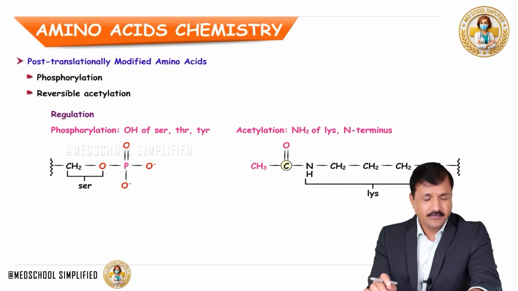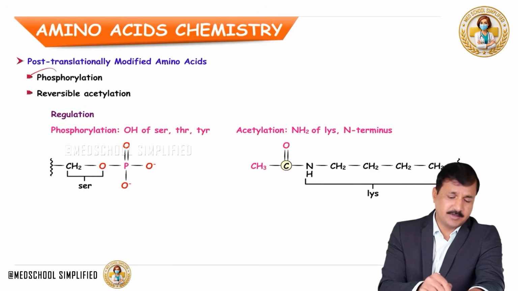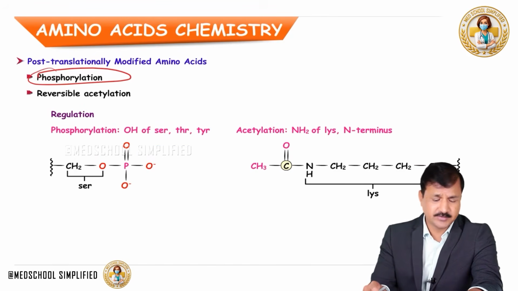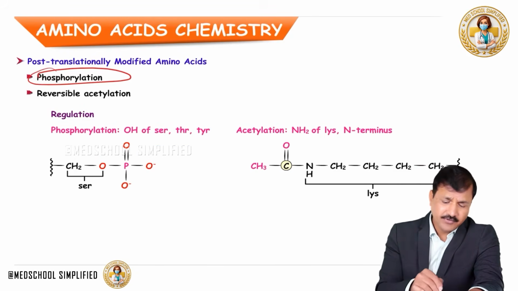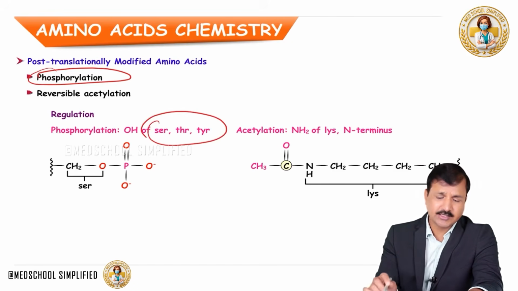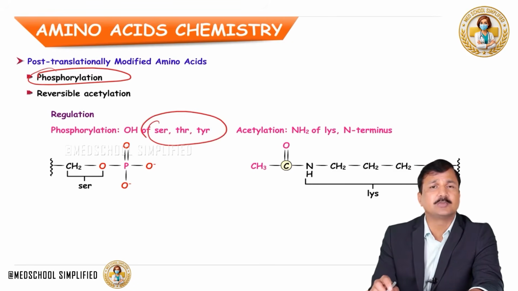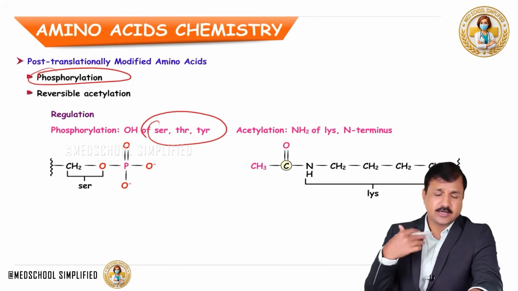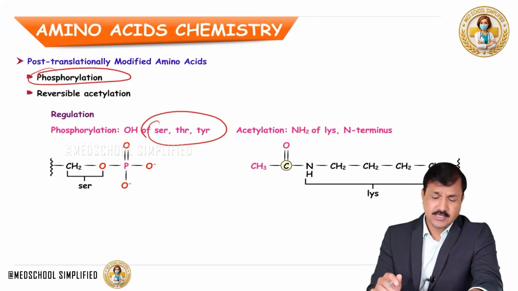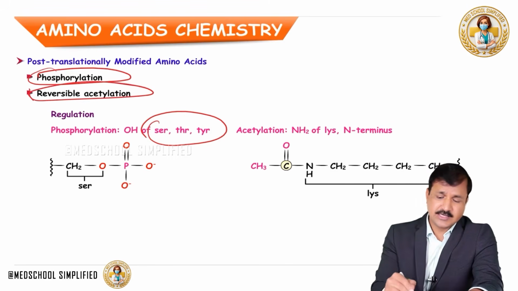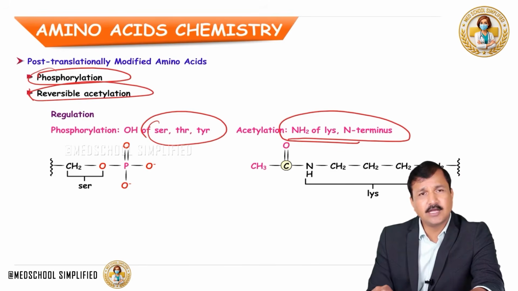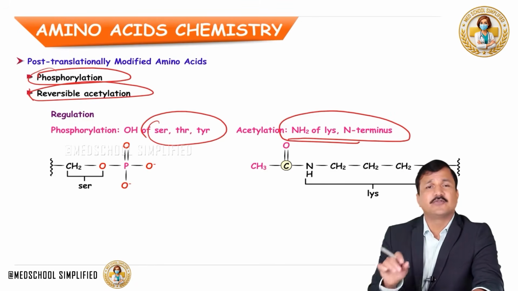Coming to phosphorylation, one of the most common post-translational modifications I would say, which is reversible. Phosphate is usually attached to the hydroxyl group of serine, threonine and tyrosine, usually serine and threonine, undergoing the phosphorylation process. Acetylation: the acetyl group is usually attached to the butyl ammonium group of lysine.